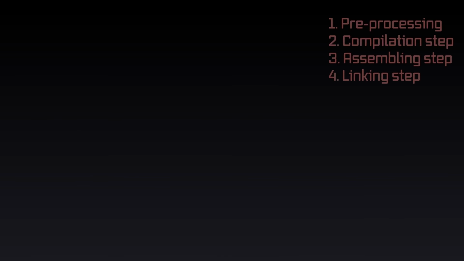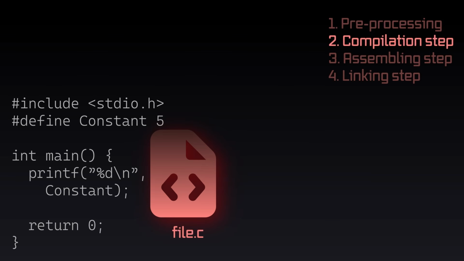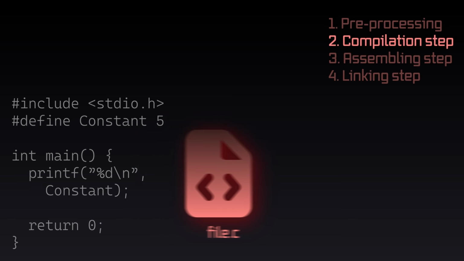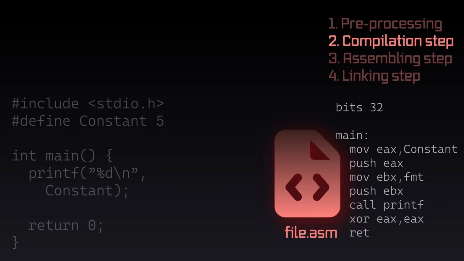What really happens when you type in the following GCC command? Well, the compilation process is a 4-step process. First, we have the pre-processing step, but we will get back to that. The compilation step takes your C input file and transforms it into assembly code.